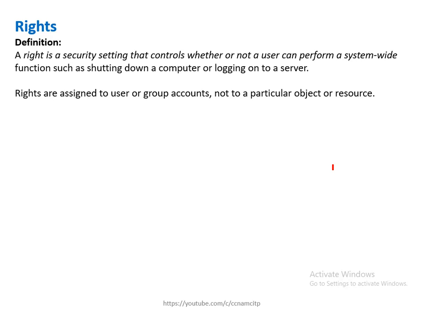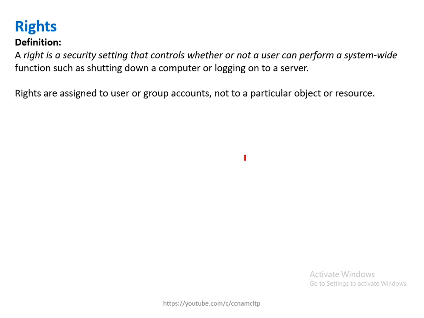They are always confused, so we should not get any confusion in this. We will understand here what is the meaning of rights and what is the meaning of permission, because as an IT professional we should be very clear with all the topics and concepts. I will take you through one by one, what is rights, what is permission, where we can apply, where we cannot apply. So what is rights here?